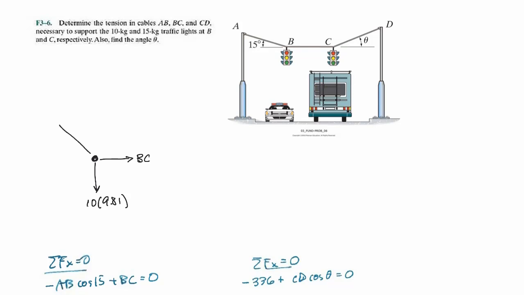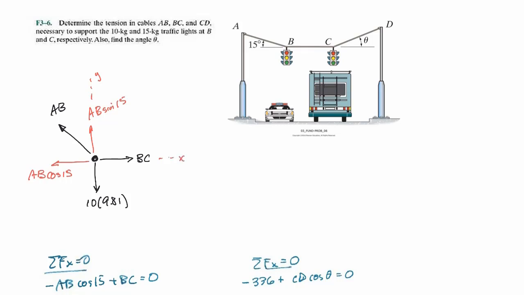And then we have AB going up like that. Let's put the components of AB here. This will be AB cosine of 15 and AB sine of 15 going up. Again, this would be the y direction. This is the x direction.